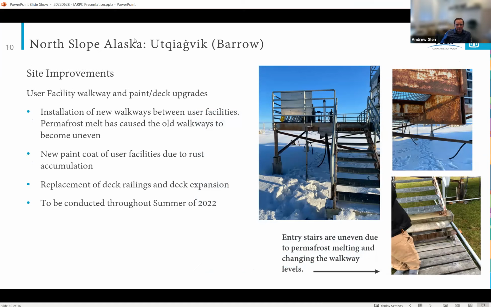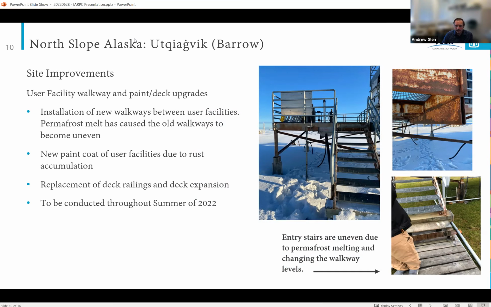Not just on the science side, we've got a number of general maintenance improvements as well. Where this site's located, it takes a beating, right? You're on the North Slope of Alaska, so you're going from 30 degrees in the summer to minus 60, minus 70 in the winter. There's a lot of salt, and the sea is, I think, about a kilometer away from where we are on site, and it can take a lot of toll on the instrumentation and on the infrastructure itself.